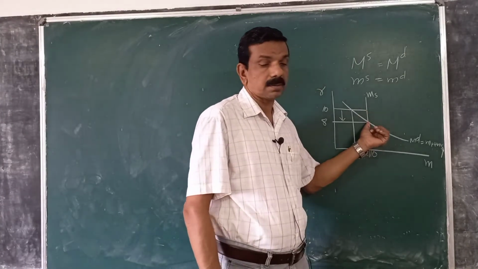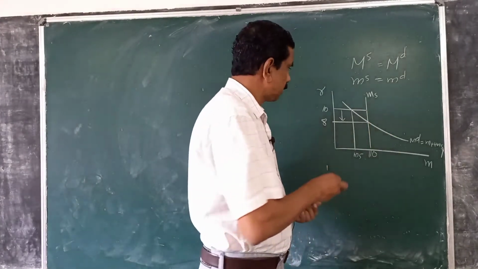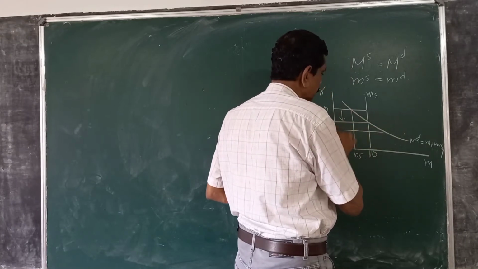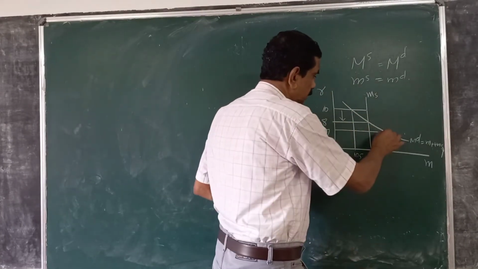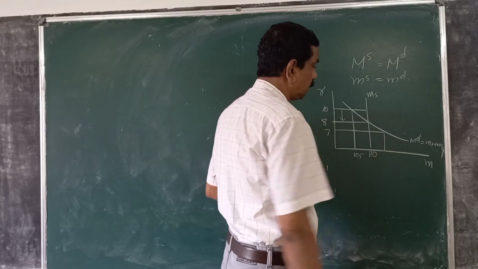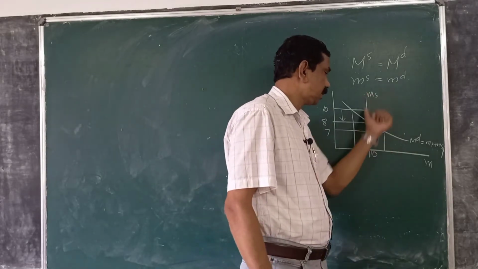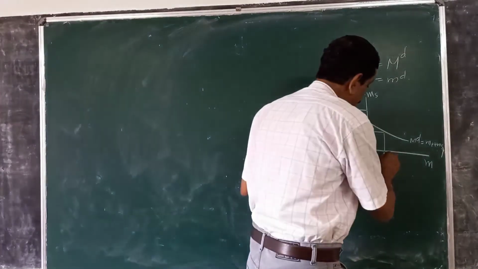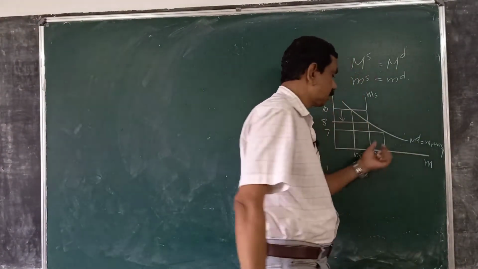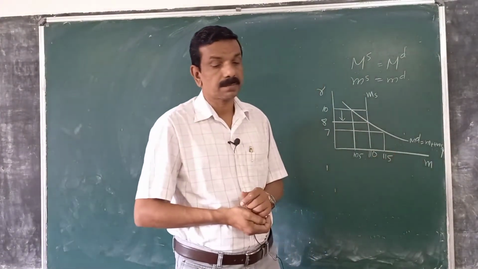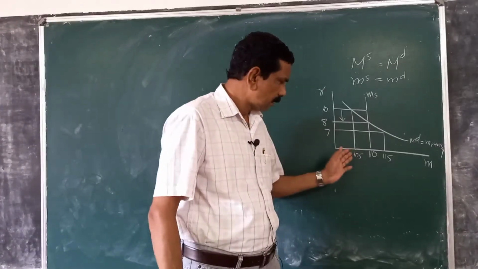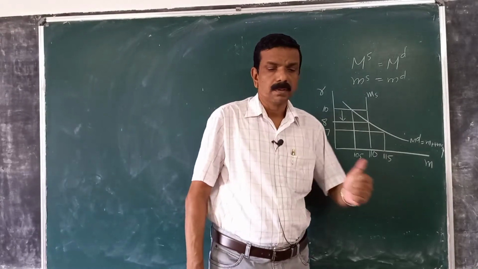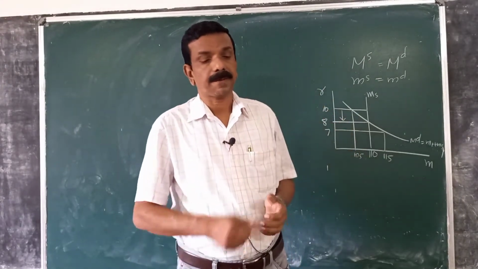Equilibrium is restored. Suppose that the rate of interest is only 7%. And as you can see here, the demand for money exceeds the supply of money. Money demand is, say, 115, whereas money supply is only 110. So here the people will realize that they are holding more bonds and less money.